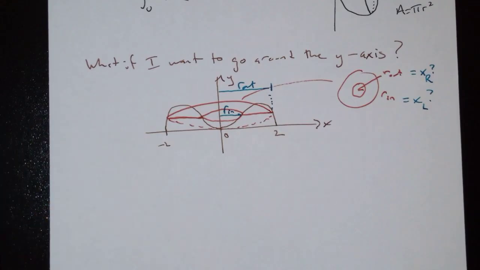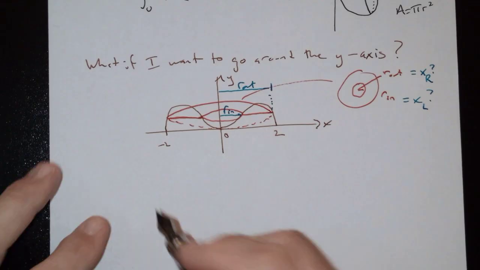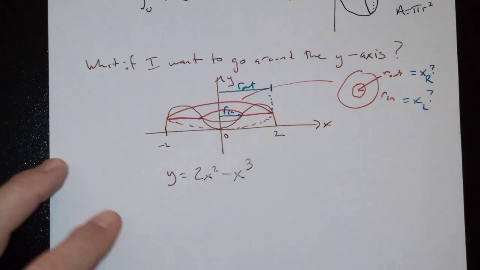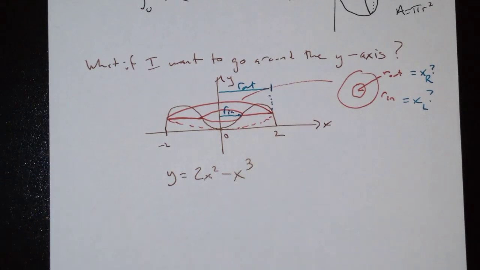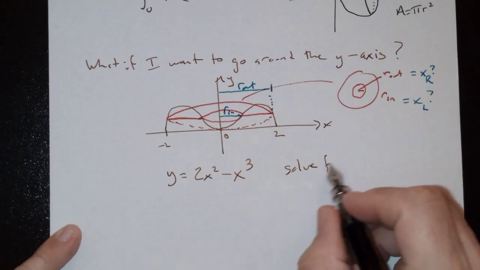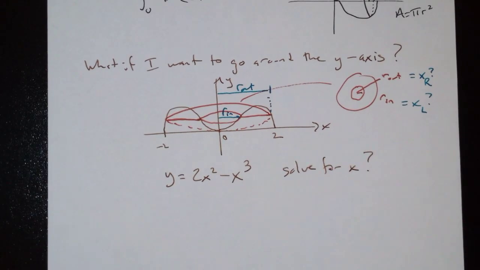But here's my problem. The equation involved was written this way. And I would need to rewrite that to be X equals. Now, I'm going to tell you right now, solving this equation for X is not worth it to me.